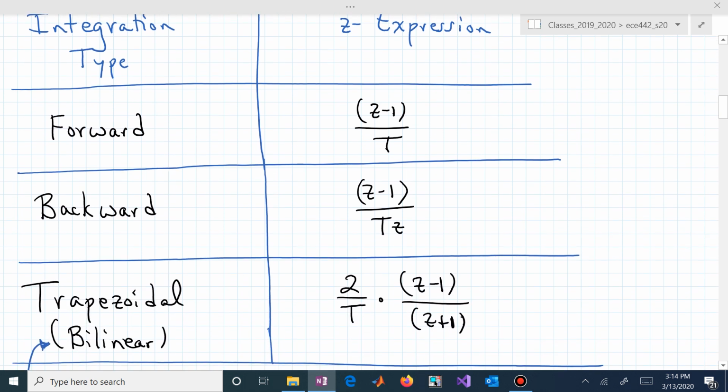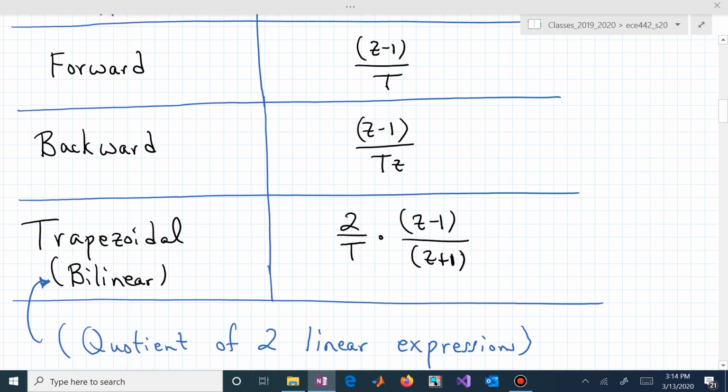The trapezoidal or bilinear, meaning it's a quotient of two linear expressions, is really sort of the average of the forward and the backward. It's now finding maybe a better approximation to that sliver of area. It's now 2 over capital T times this ratio of factors of z, in the numerator z minus 1 and in the denominator z plus 1.